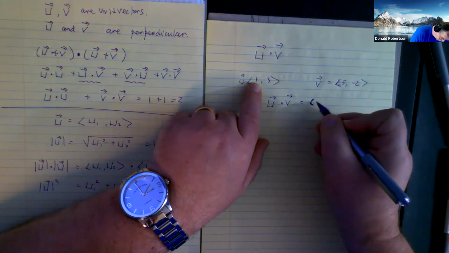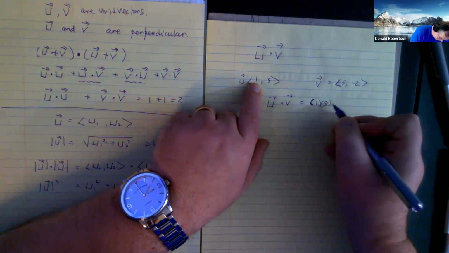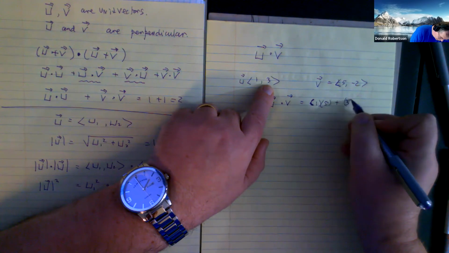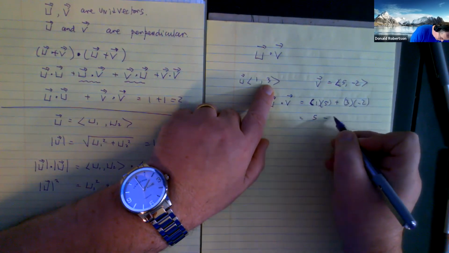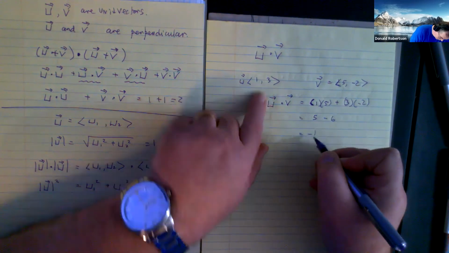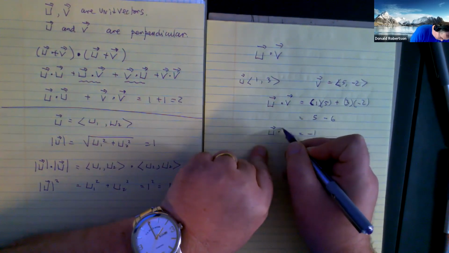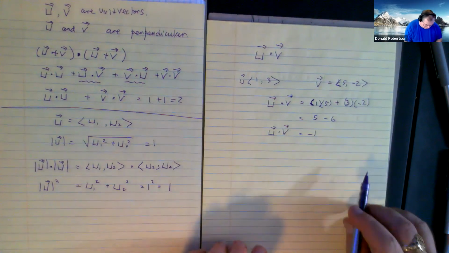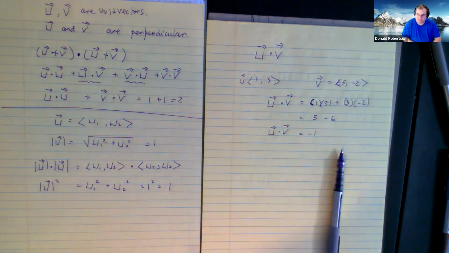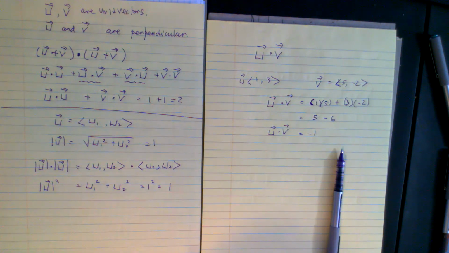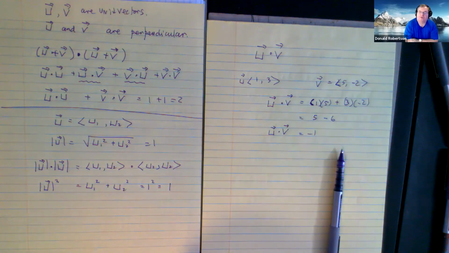So you go 1 times 5, and you add it to the two y's, 3 times -2. So 5 take away 6, you get the answer -1. So you're basically just multiplying two vectors together to get a number. Yeah, so that is what a dot product is.